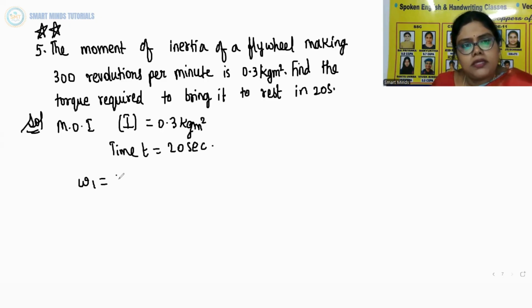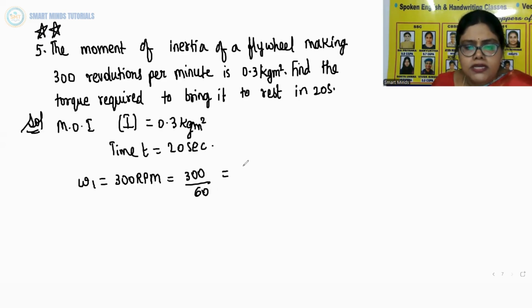Omega 1 is 300 RPM. RPM is revolutions per minute. Now we are converting this into revolutions per second by dividing it by 60. So 300 by 60 is 5 RPS. And omega 2 is equal to 0 because it is coming to rest.